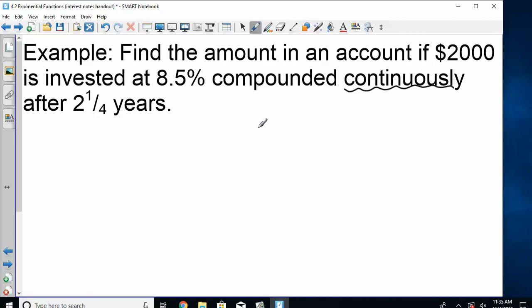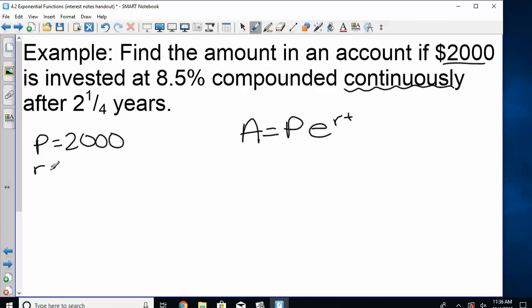So what does that tell me? Second formula. Okay, so what does the 2,000 represent? P. It's what we have to start with.